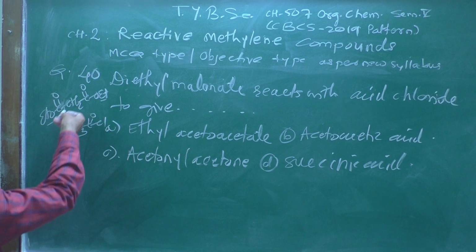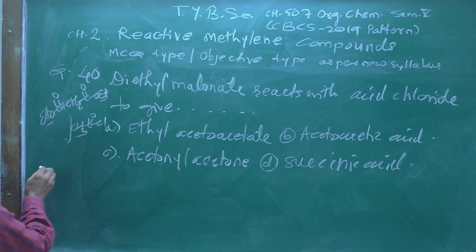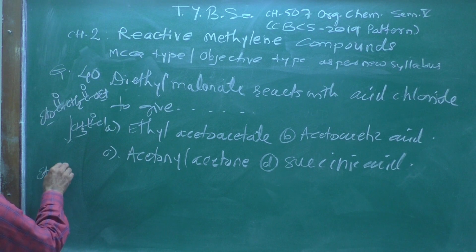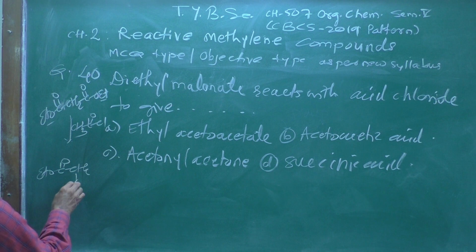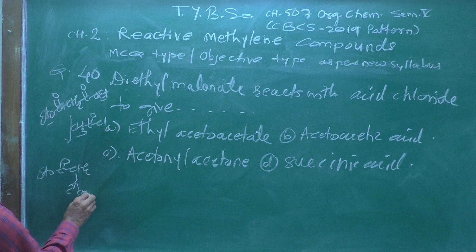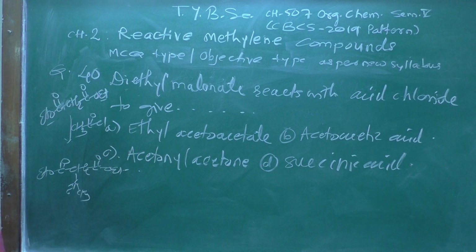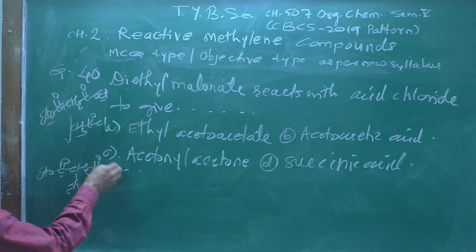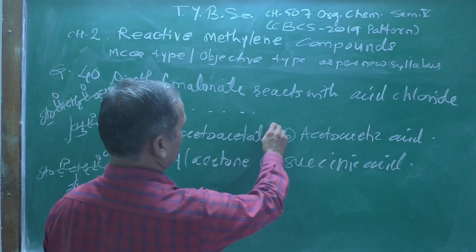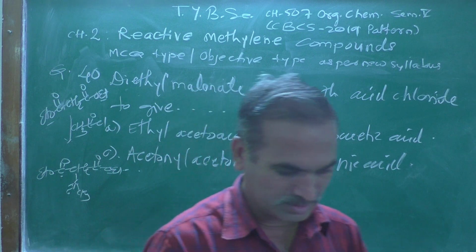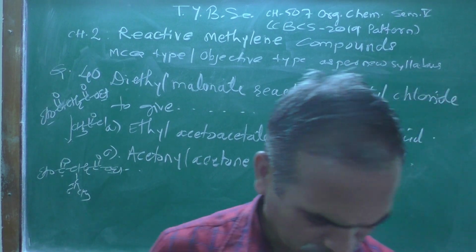When treated with a strong base, it will give EtO C double bond O CH2 C double bond O CH3. This acetyl group is introduced over here, then C double bond O OEt, and after hydrolysis followed by decarboxylation and protonation, what you are going to get is CH3 C double bond O CH2 C double bond O OH, the acid. So acetoacetic acid will be the right answer for this question.